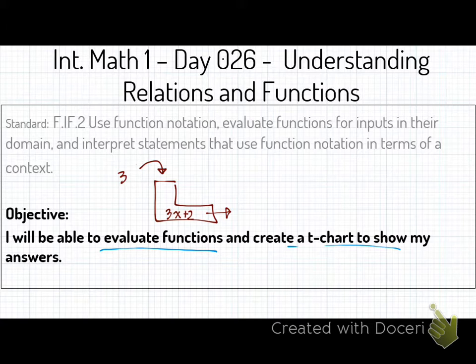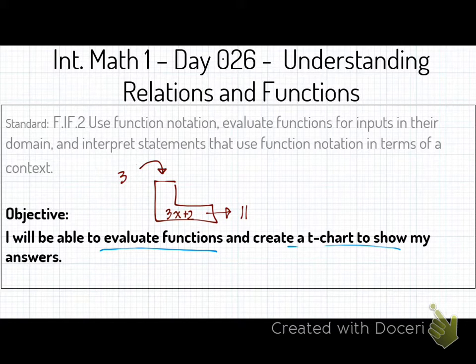What should my answer be if I'm taking 3 and putting it through this function? What should come out of the other end? I heard someone say it? 11, right? So what's 3 times 3? 9 plus 2? 11, that's right.